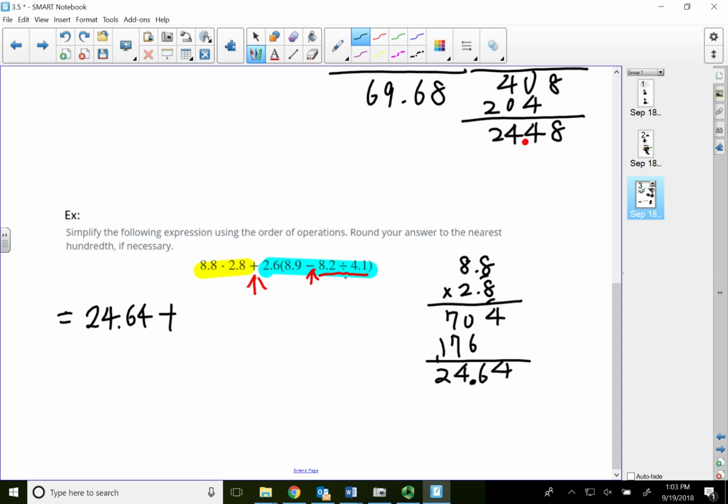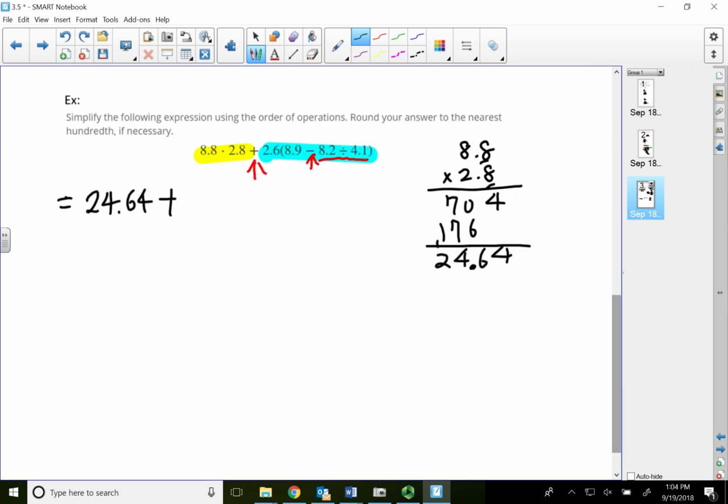All right, let's see what comes out of the second one. Do what's inside the parentheses first, then do the division before the subtraction. So 8.2 divided by 4.1. That's actually about 2 times, because my divisor has 1 decimal place, so I have to move it to the right one. That makes it 41. My 8.2, the dividend, moves to the right 1 place because the divisor moved 1 place.